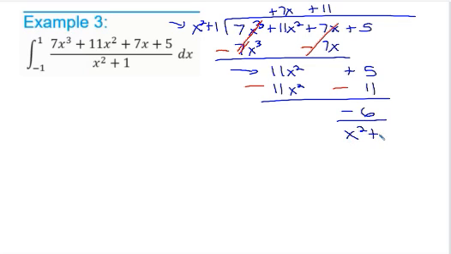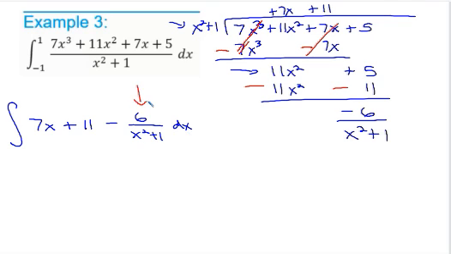It is over x squared plus 1. Which is why this is a good example. We look at what my integrand looks like now, and I have the integral of 7x plus 11 minus 6 over x squared plus 1 dx. And when we start thinking about antiderivatives, this one right here should stick out to us.